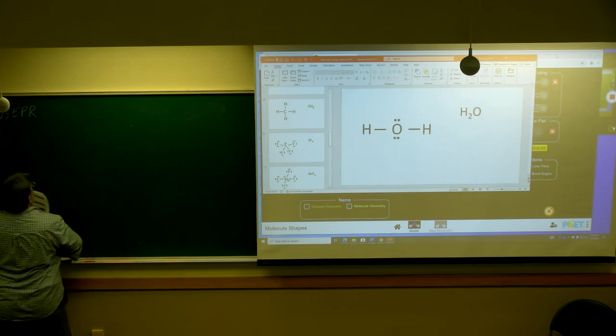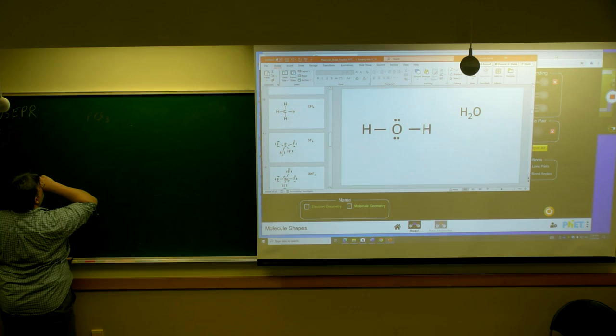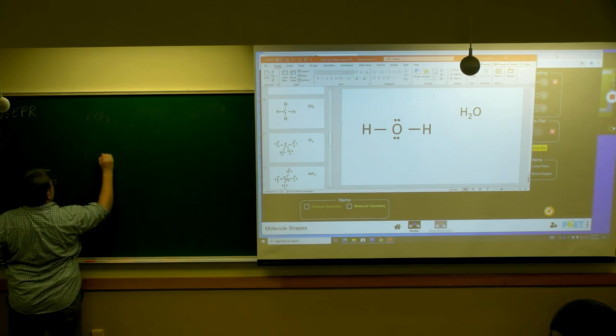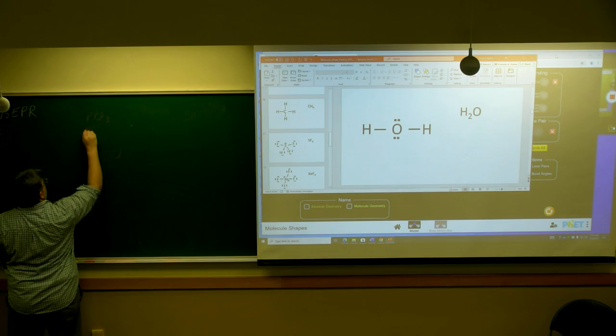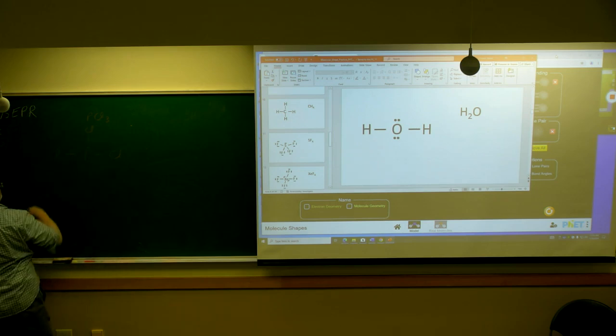PCl3. So you would start off by just making the backbone like that, with phosphorus in the middle.